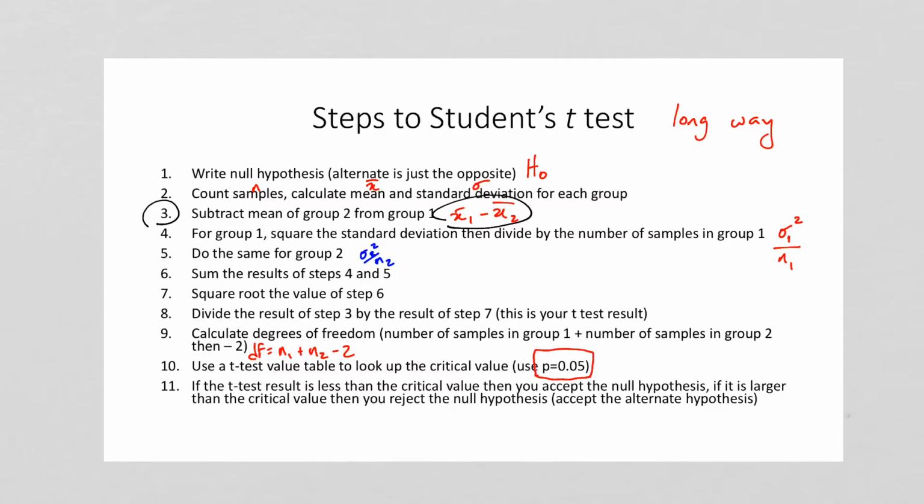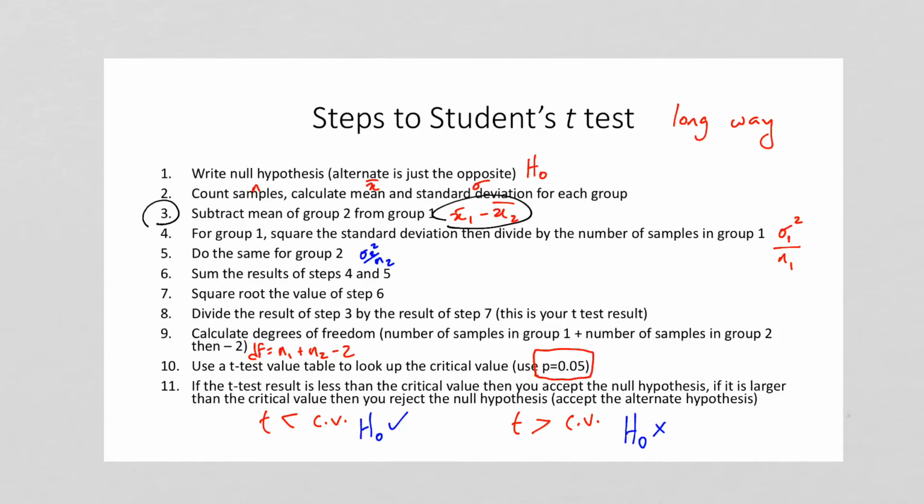That means that 95% of the time it wouldn't be due to chance. And then you're going to look and see, is your t value smaller than your critical value, or is your t value bigger than your critical value? If your t value is less than your critical value, then you are going to say the null hypothesis is accepted. If it is bigger than your critical value, you're going to say your null hypothesis is rejected.